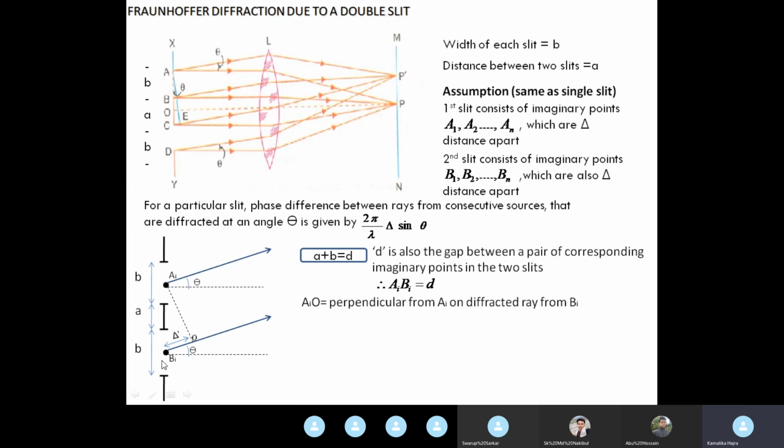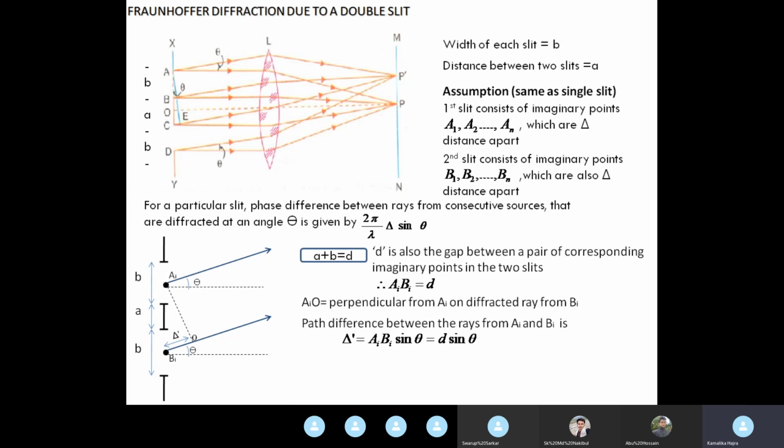So delta prime is the path difference that is incorporated between these two rays, and remember, it is because of delta prime that there will be a phase difference, and that phase difference will be the actual reason for any kind of fringe that is produced on the screen. Okay, so we need to see what this value of delta prime is.